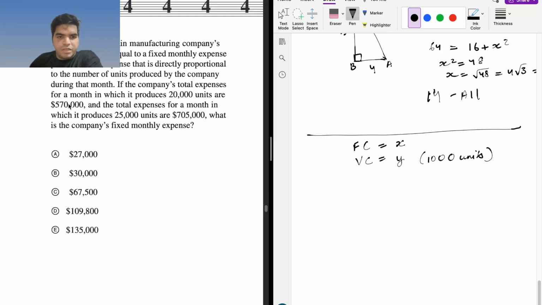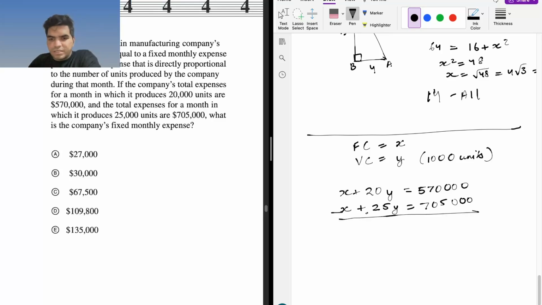So we have two situations which are given. X plus 20y, taking it for 1,000 units at once, is equal to 570,000. The second equation is fixed cost plus 25,000 units, that means 25y, is equal to 705,000.